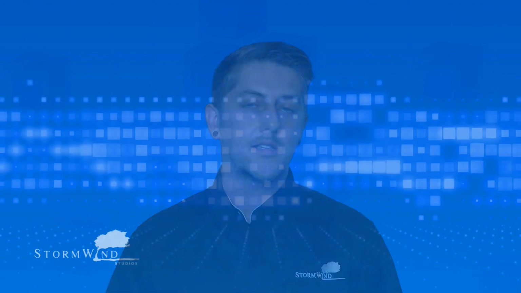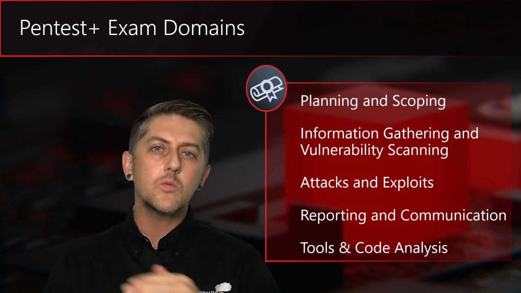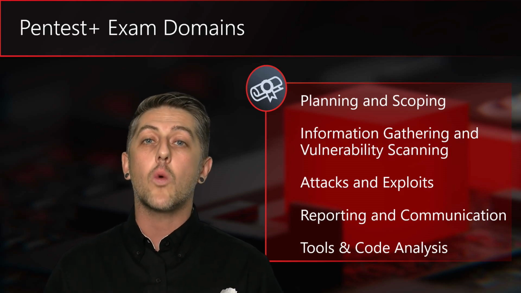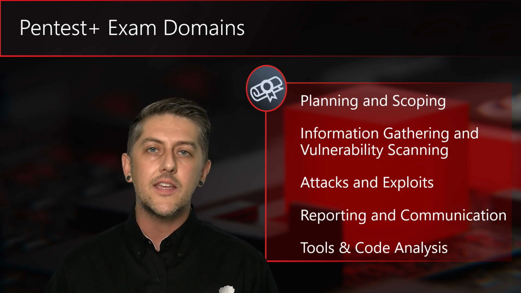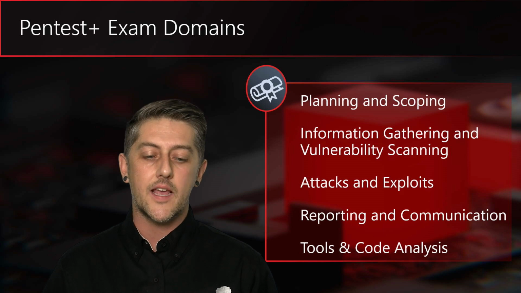There is a treasure trove of information available in this course, and it all stems from the 5 main domains of knowledge recognized by CompTIA for this certification exam. The first domain is planning and scoping, and this is where we begin to lay our groundwork. We're going to be diving into the methodologies and strategies needed in order to conduct a successful penetration test.